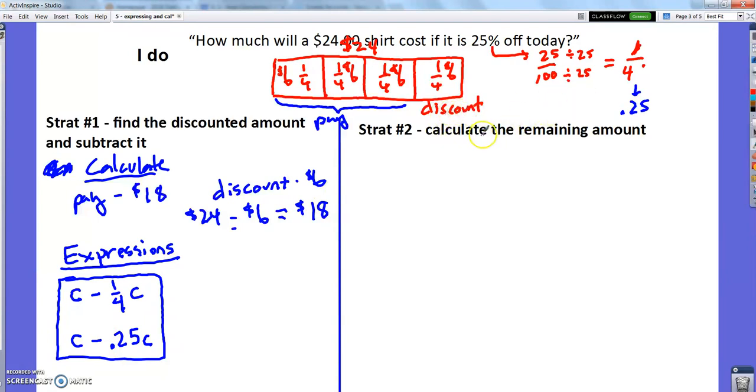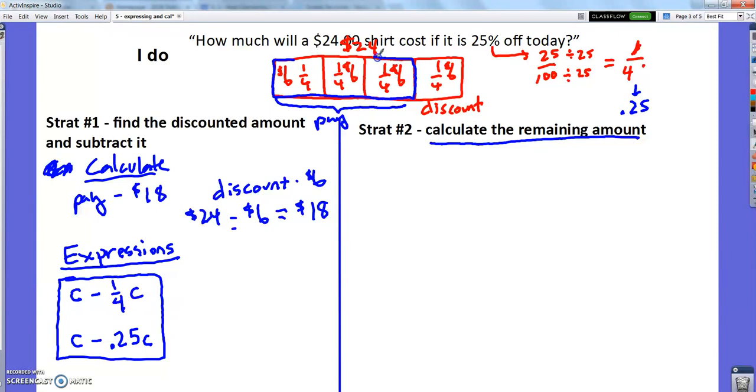My second strategy is just going to be to calculate the remaining amount. Instead of 2 steps here, where I say, okay, I'm going to just calculate the 6 and take it away from 24, I can say, if it's 25% off, if it's 1/4 off, instead of focusing on the amount I don't pay, I can just say, I just pay this much.